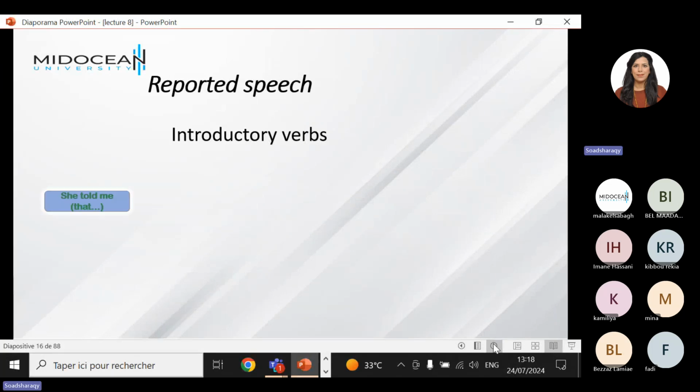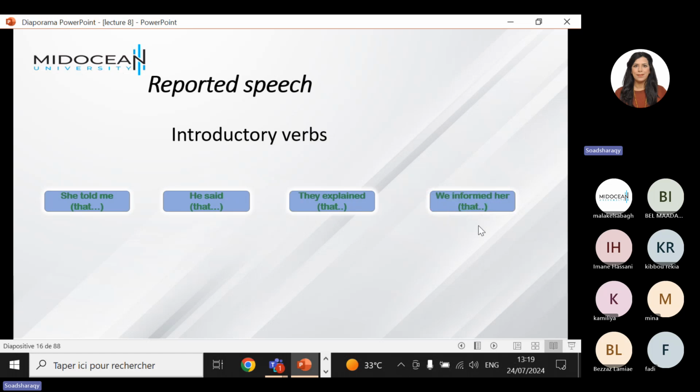Reported speech introductory verbs. Example, she told me that. He said that. They explained that. We informed her that.